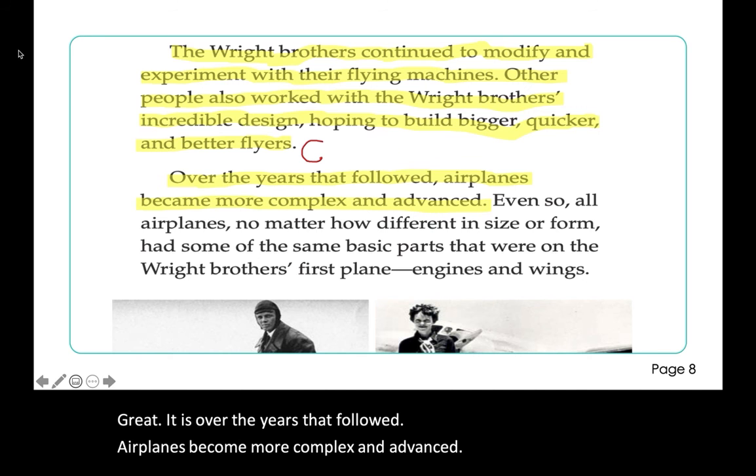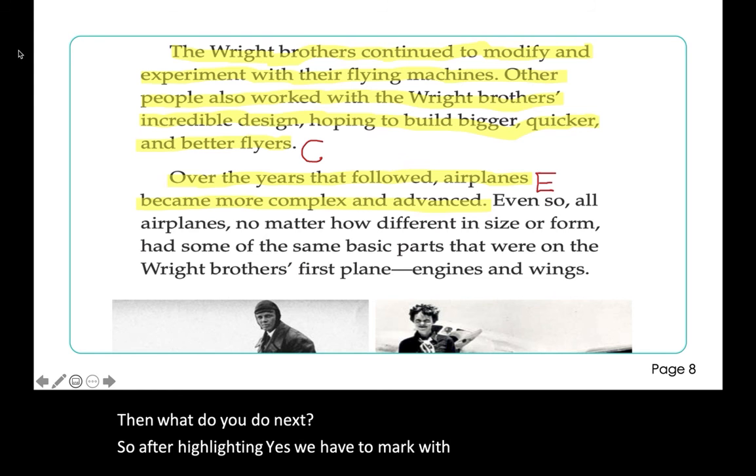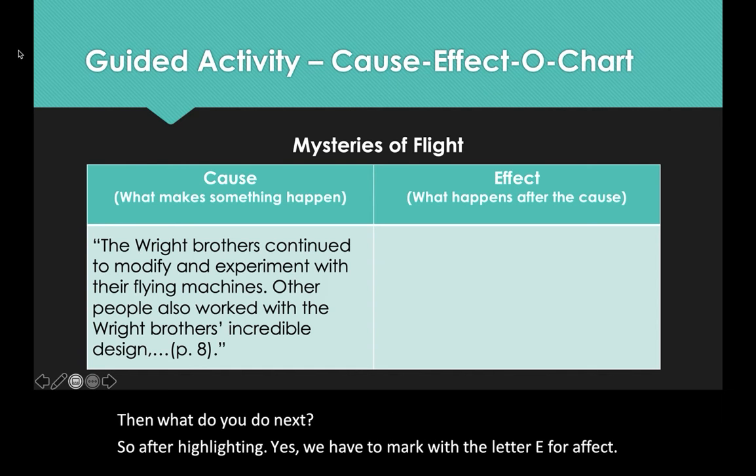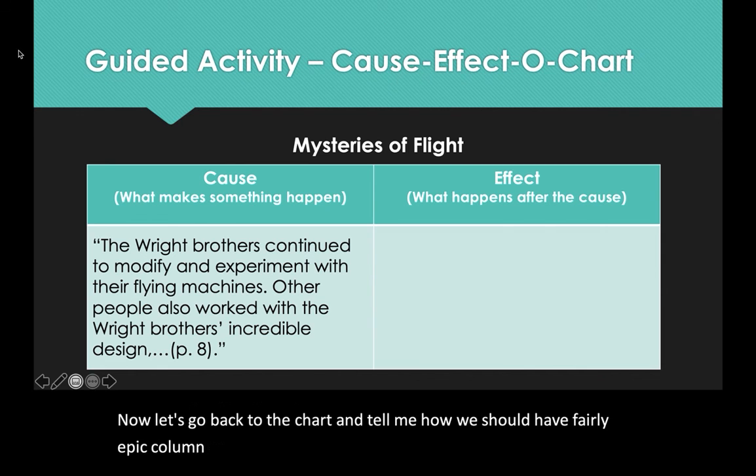Then, what do you do next? So after highlighting, yes, we have to mark with the letter E for affect. Now, let's go back to the chart and tell me how we should fill the affect column on the chart. That's right.